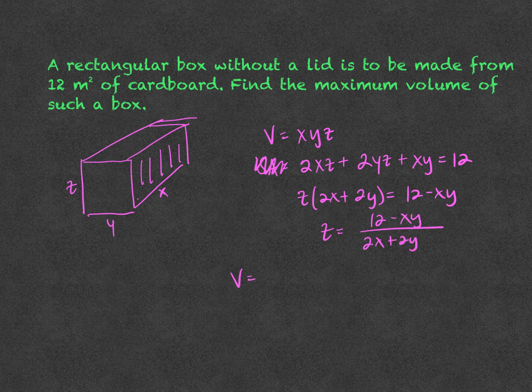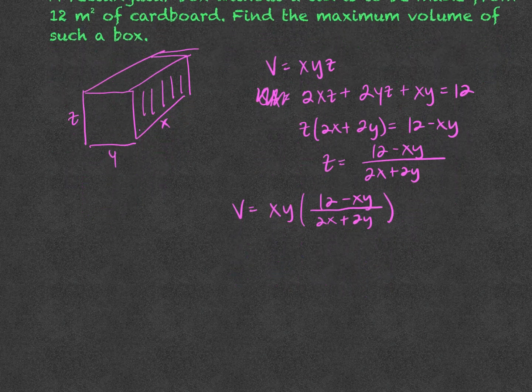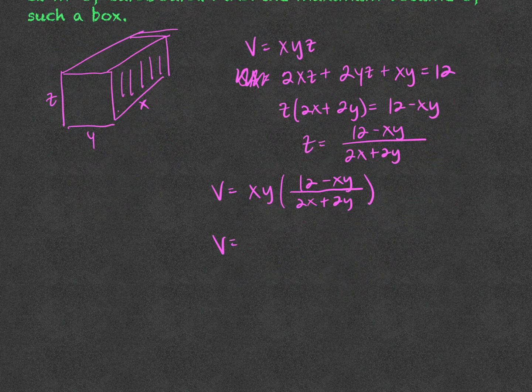We can put that into our volume and say x times y times that mess. Yes, it's a mess. You agree, I'm sure. Now remember, you can't cancel anything because there's pluses and minuses going on. And we can distribute, so then our volume is equal to, the top is 12xy minus x squared y squared over 2x plus 2y. So that's our volume, and it's nice.